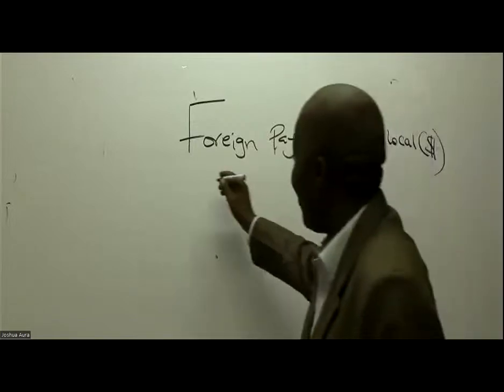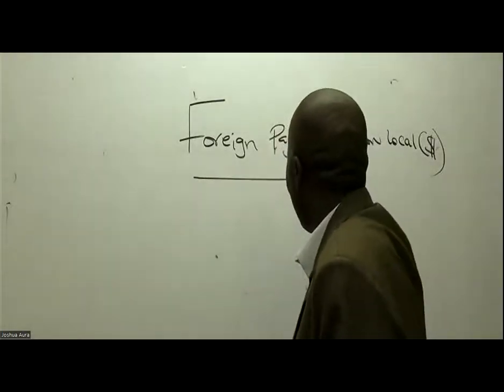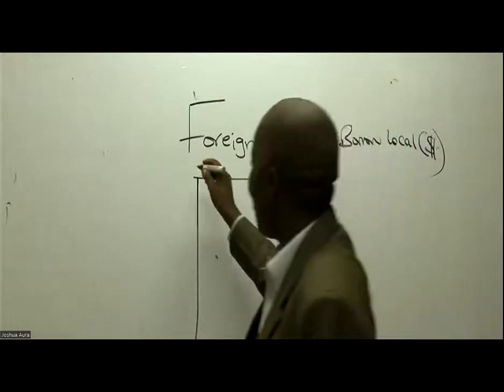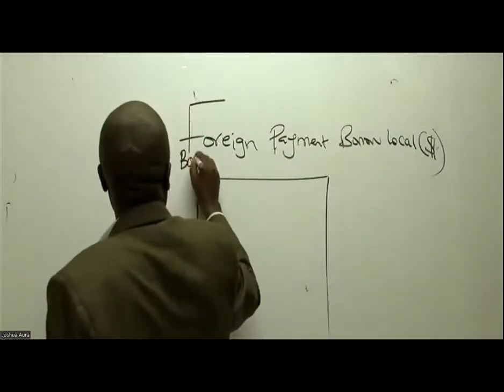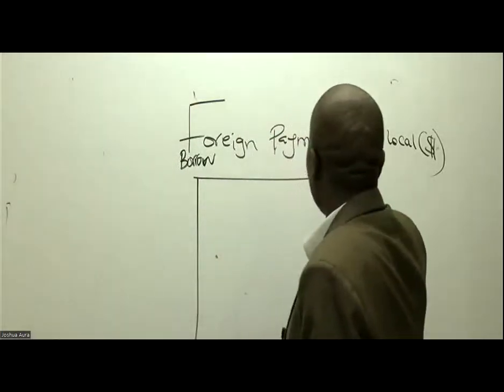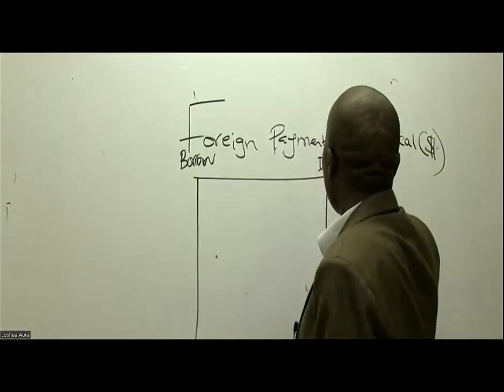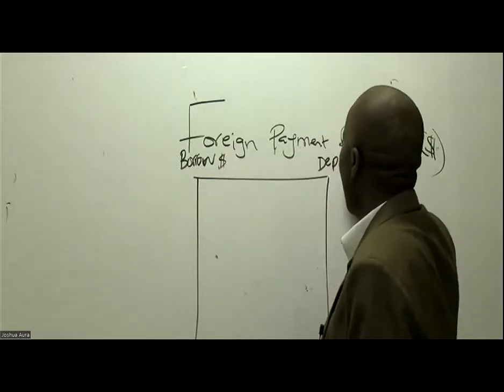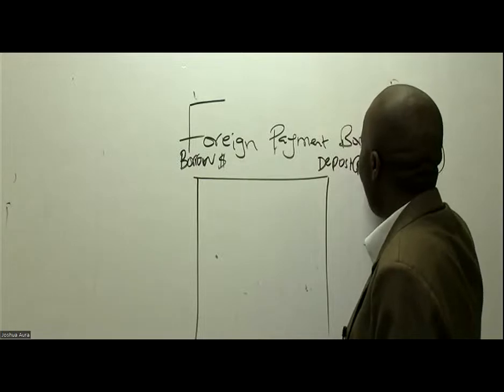Great. So then come and draw the table. Now we can move with speed. The first leg, of course, is the borrowing. This one here is depositing. You've told me to borrow the dollar here, and now deposit will be the other one, the peso.